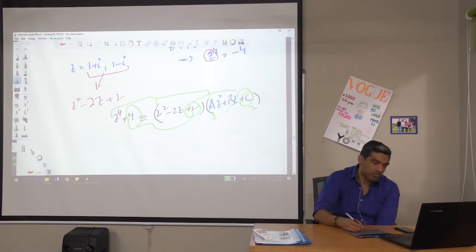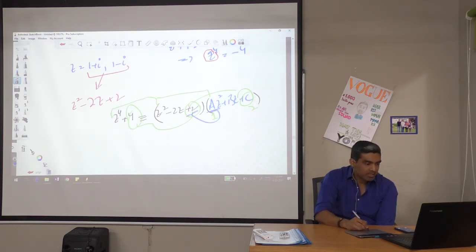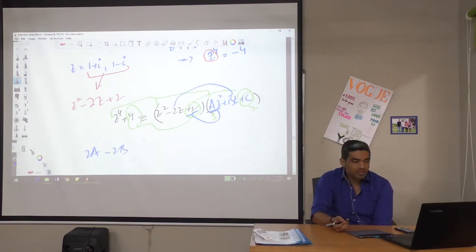Z squared? Okay, let's go with the z squared. So how do you get the z squared? You multiply az^2 by 2, so that's 2a. The other z squared will come out by multiplying bz by -2z, that will be -2b.